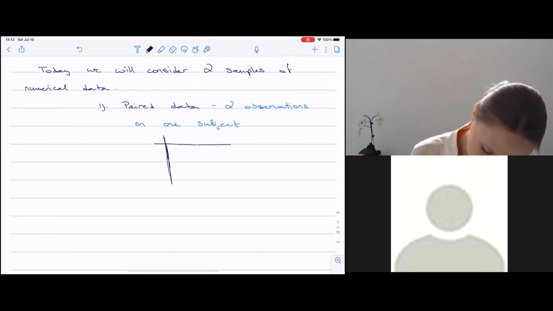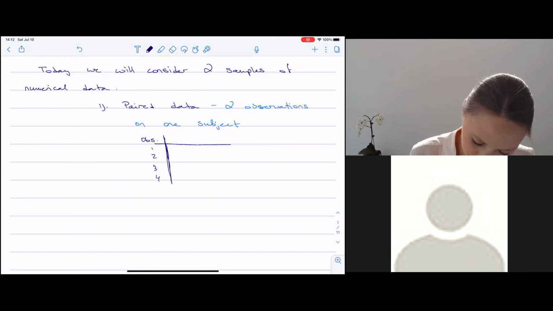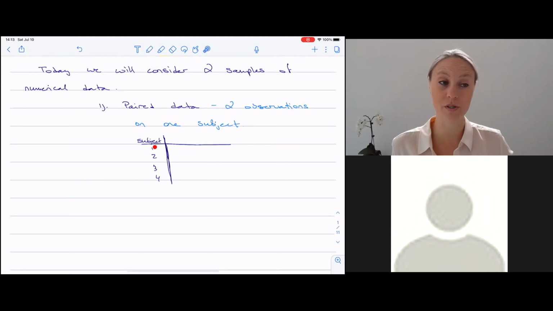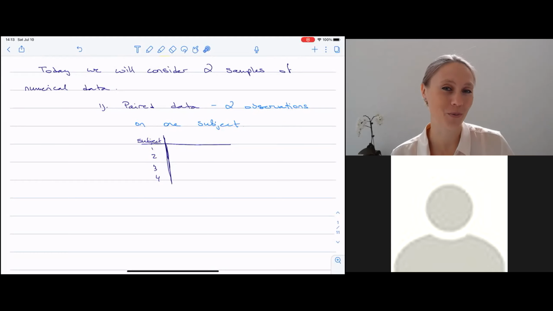this, right? So here you have your observation number 1, number 2, number 3, number 4, or sorry, I should call this subject, because it would work, but subject number 1, so person number 1, number 2, number 3, number 4, rat number 1, rat number 2, etc. Or kind of a little bit nicer to think about, plot number 1 for my tomato plants, plot number 2 with maybe different soil for my tomato plants.